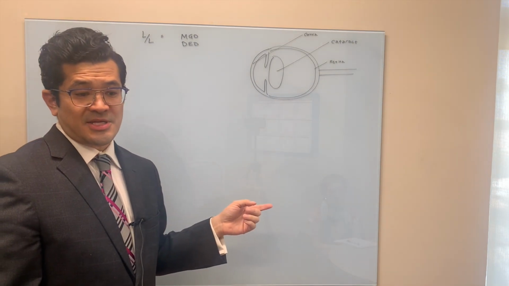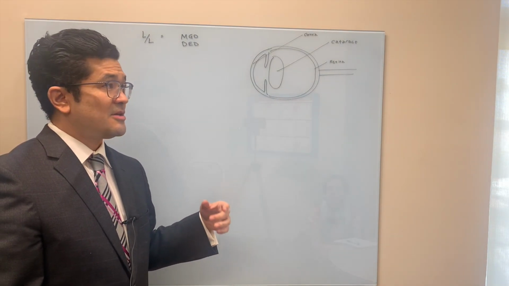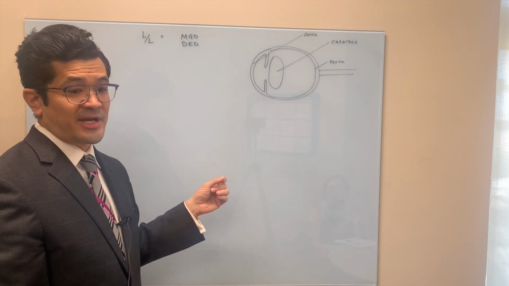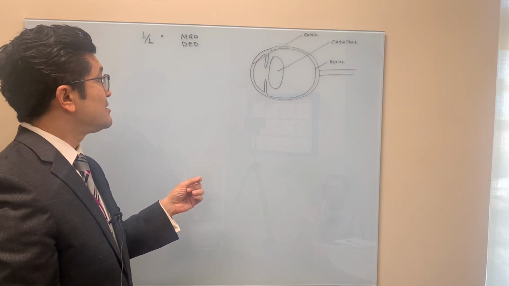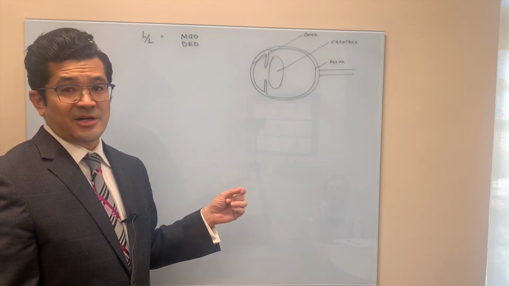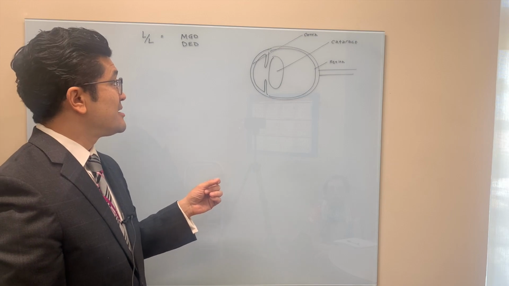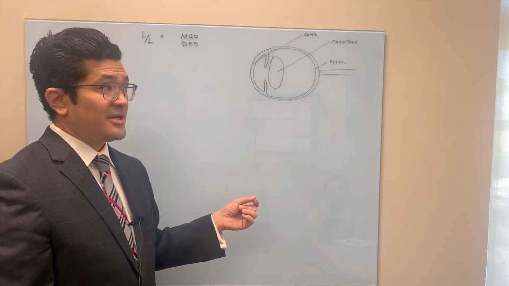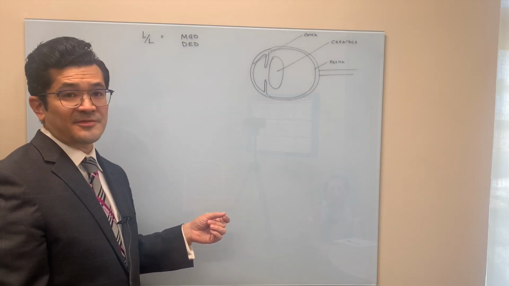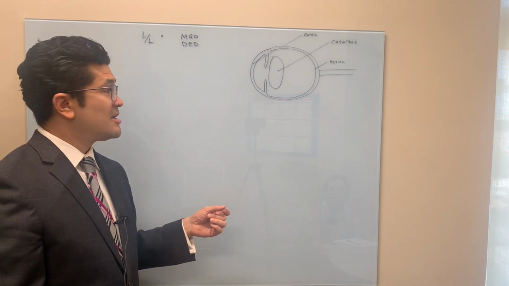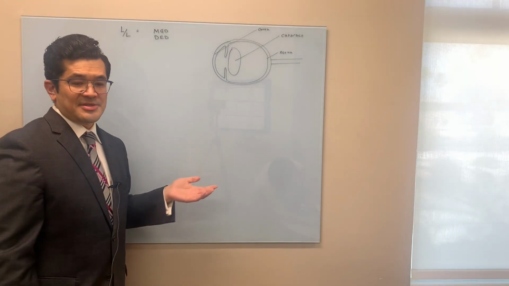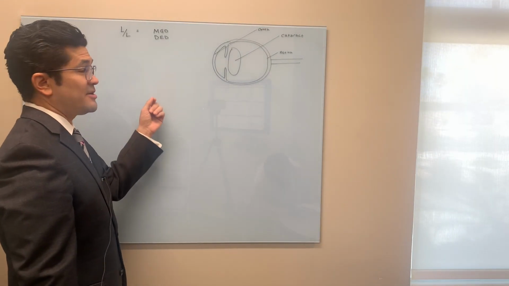In 2019, the Academy of our Cataract Society met, and we revised our criteria for cataract surgery. We found that people that have unmanaged dry eye have a slower recovery. They have a harder time recovering, and we're more likely to be off target with our refraction when there's unmanaged dry eye disease.